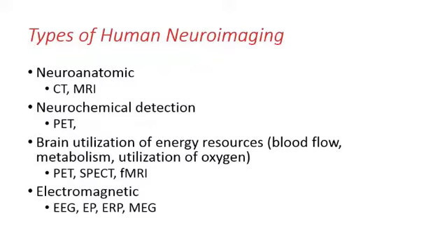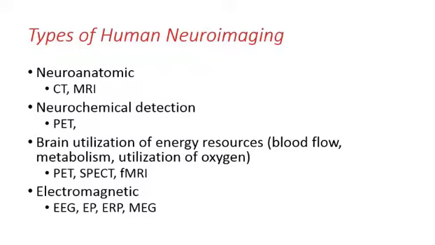We can also use PET and a related technique called SPECT, or single photon emission computed tomography, or functional magnetic resonance imaging, fMRI, to look at brain utilization of energy resources. So we can look at areas of the brain that have increased or decreased metabolism, or increased or decreased blood flow. Those are the domains of PET, SPECT, and fMRI.